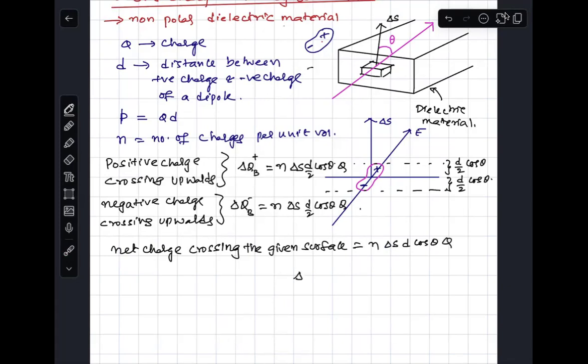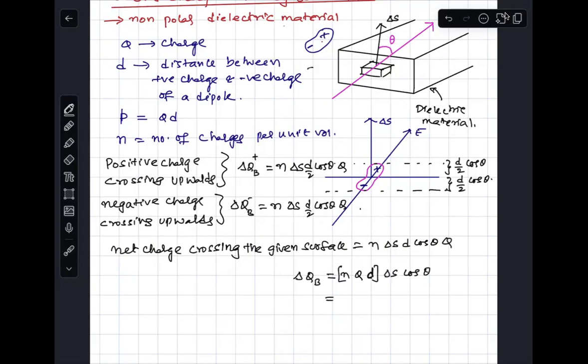Let that be delta q bound charge. And I will rewrite this properly. N q d delta s cos theta.